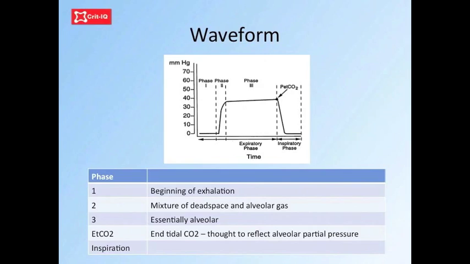At the start of expiration, CO2 initially does not rise as dead space starts to clear. With further expiration, mixing of dead space and alveolar air occurs and CO2 rises. Finally, with all dead space cleared, the CO2 measured plateaus and is thought to reflect alveolar CO2 concentration. This is known as the end tidal carbon dioxide.